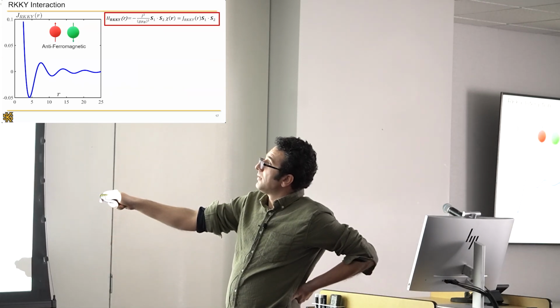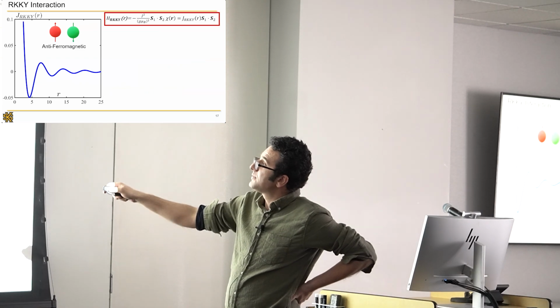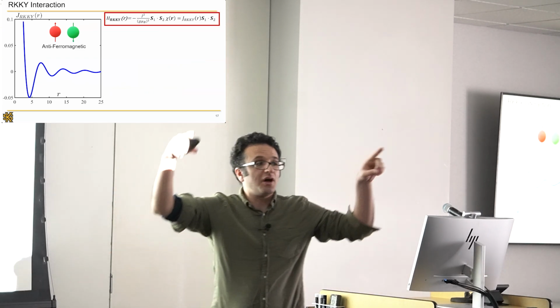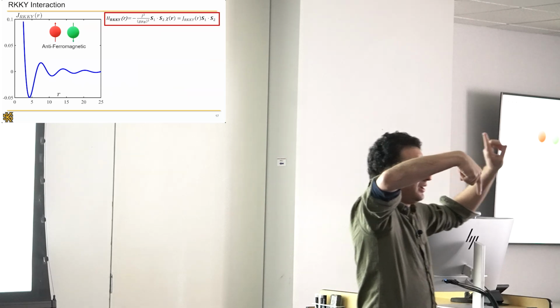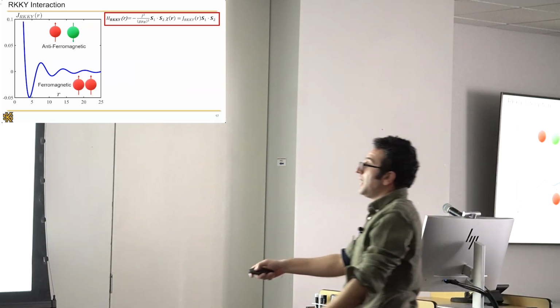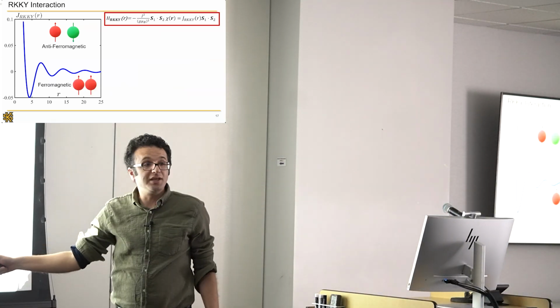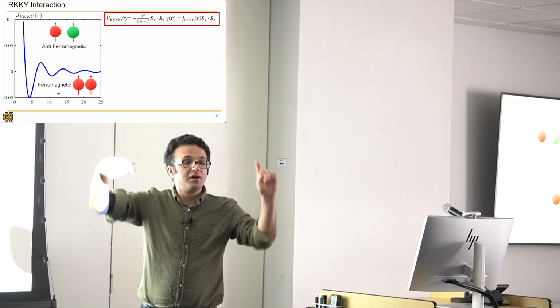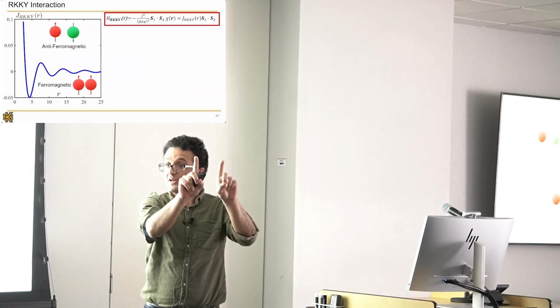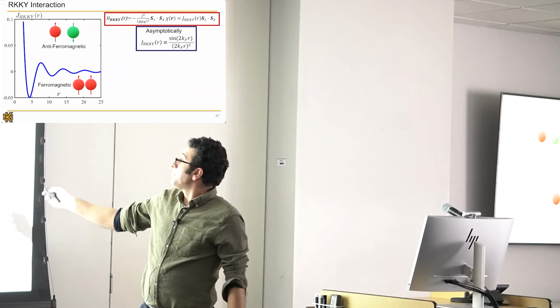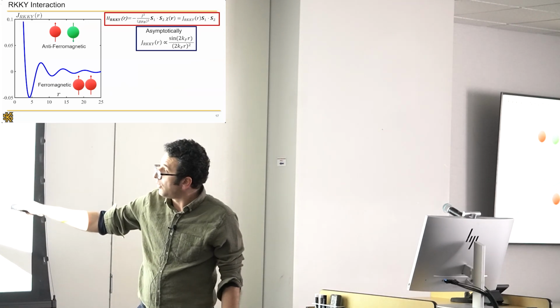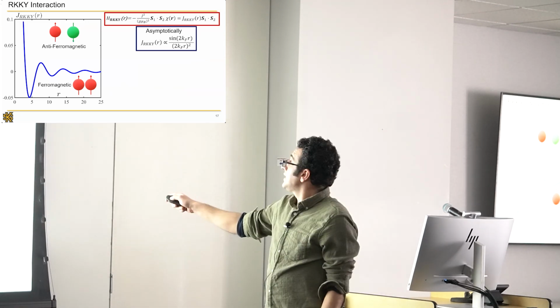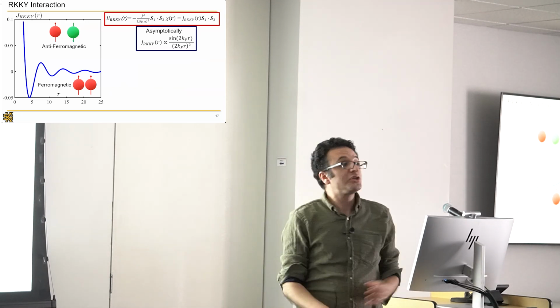If this number, my J_RKKY, is positive, that means that my electrons are antiferromagnetically interacting with each other. If J is on the negative side, then my electrons are ferromagnetically interacting with each other. And the period of oscillation of this RKKY is determined by twice k Fermi, which is the Kohn anomaly.